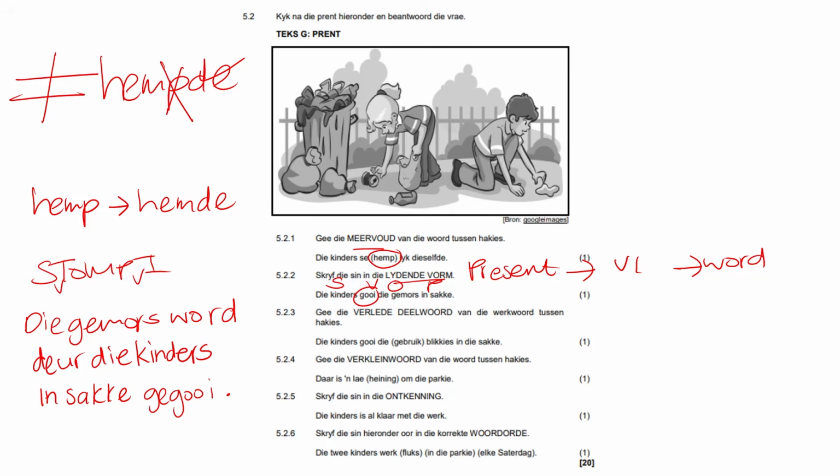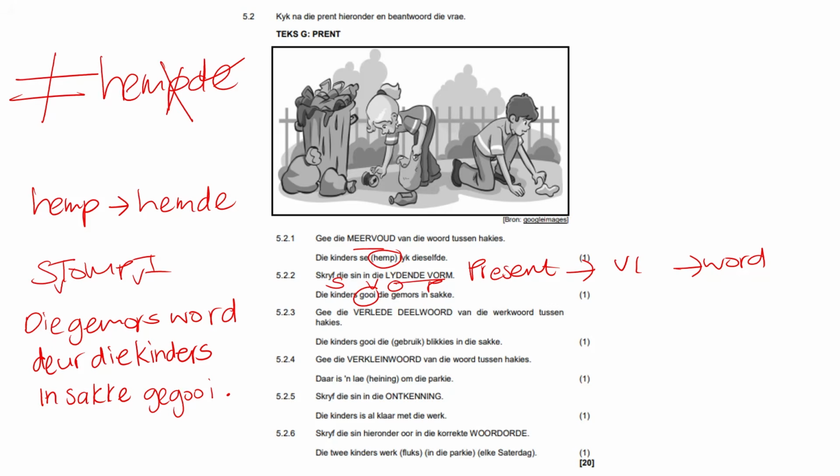Then after that, you add your place. What was our place? In sakke. Perfect. And then last but not least, you add your bedrijvende sentence verb, which now becomes your verb 2, and you attach ge to the verb if it doesn't start with her, mis, ont, etc. I do have a video on that. So, here it is gegooi. And if there was an infinitive, the infinitive would go after the verb and you would put a full stop. Okay, so die gemors is in sakke gegooi.